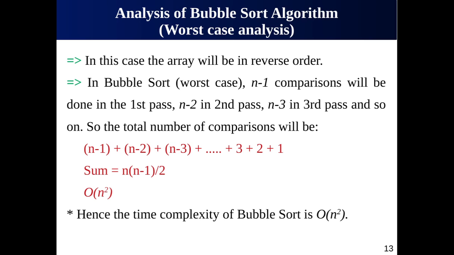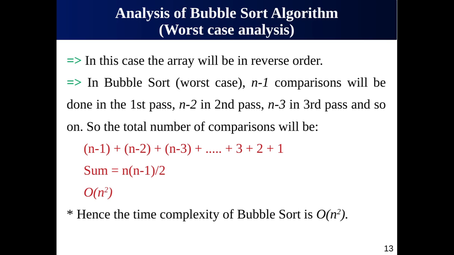So it will give you an equation that is n times (n-1) divided by 2, that is equivalent to (n-1) plus (n-2) and so on, that is the basic summation equation. If you multiply them, you will get (n² minus n) divided by 2. So if you remember the rules of analysis, we have to consider only the dominant factor.